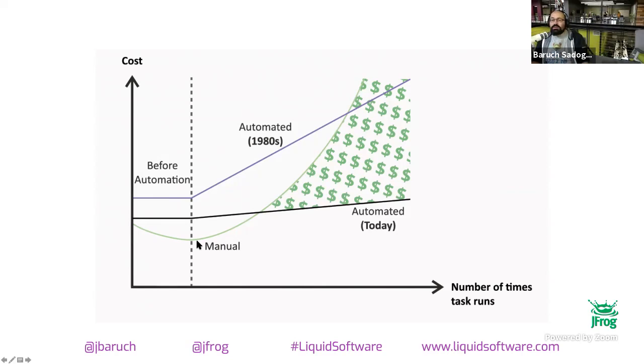Today, with the complexity of the software, the number of times the task runs goes up, and the cost goes up, both because humans are more expensive than they used to be, and because they need to work much more because of the software complexity.